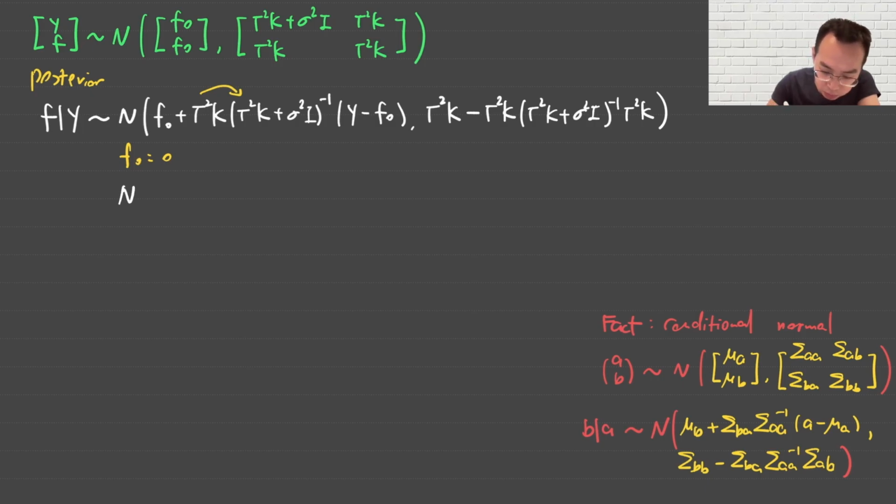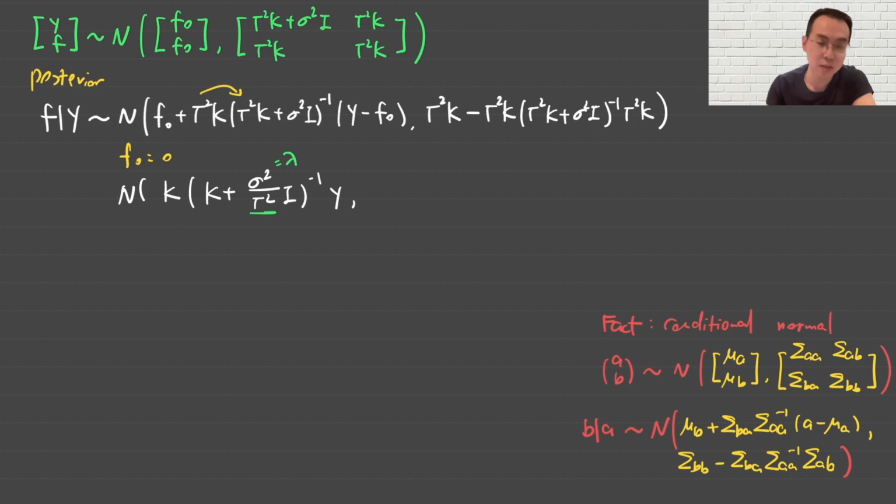So what we're going to get is k times the inverse of k plus sigma square over tau square I, and then we'll have y. Okay, so this is the exact same formula as the kernel ridge regression, if we just replace this value here with lambda.